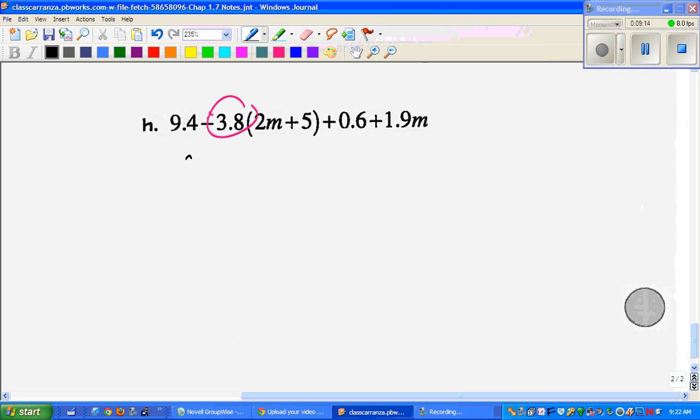So we have 9.4 plus, and we have to do, here's my side work, 3.8 times 2, 7.6m, and then we have to do 3.8 times 5, which gives us 19, and that's going to be a -19 because the 3.8 is negative.